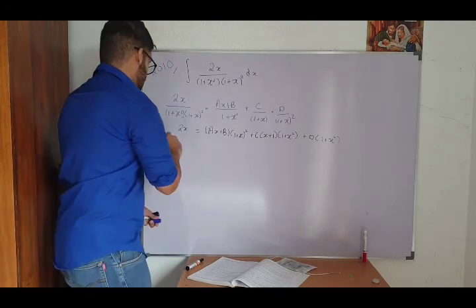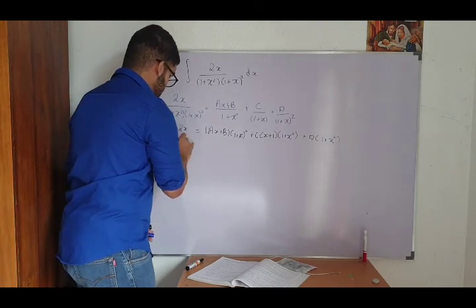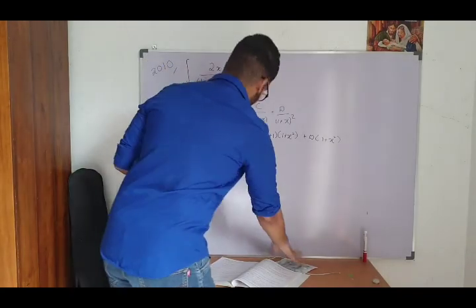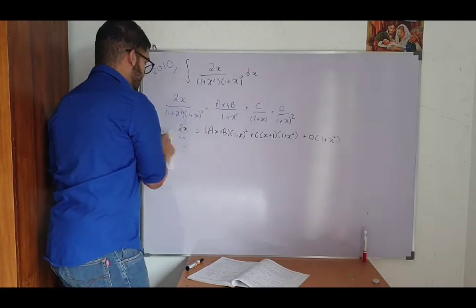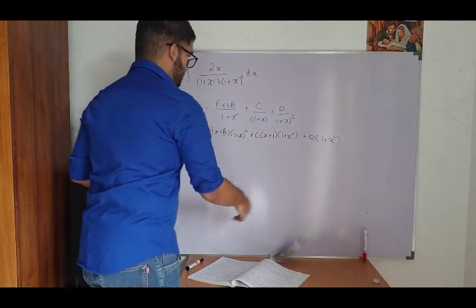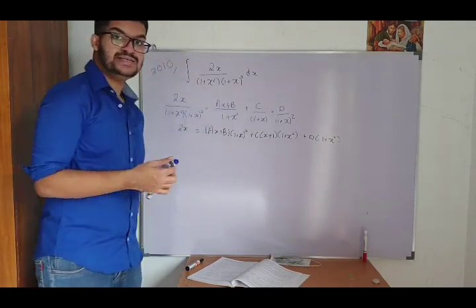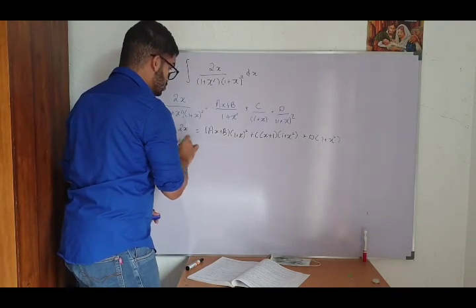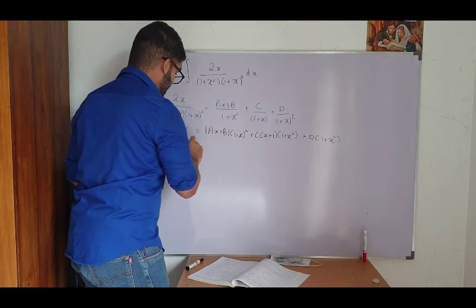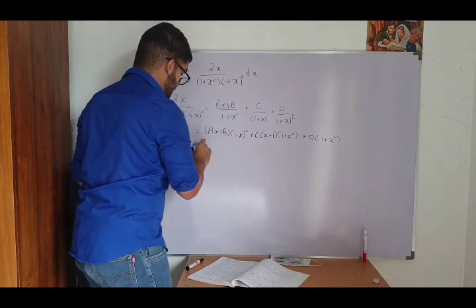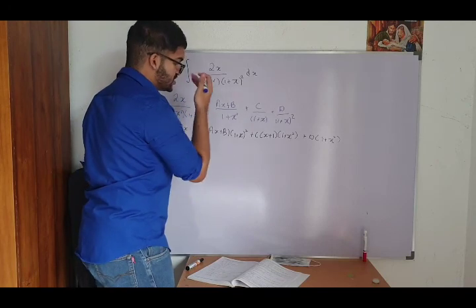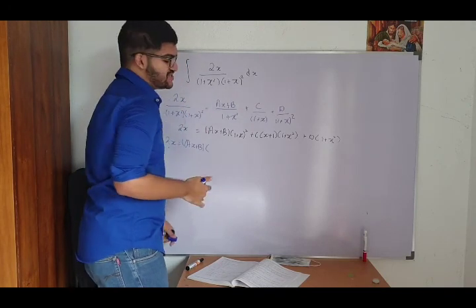Coefficients. Before you write the coefficients, I will make you understand what happens, right? So now we have 2x here, and then we should solve this, right? Ax plus b. I'll go step by step, because most of my students suggested that we should do it step by step.